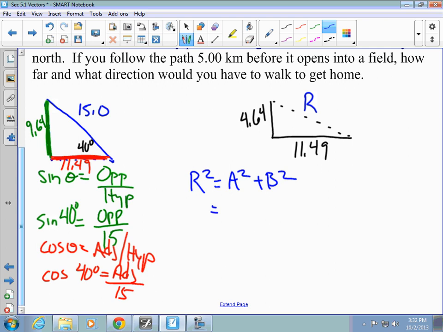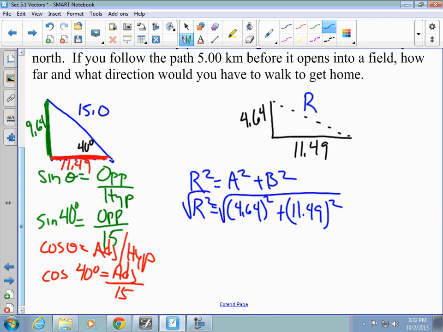That's equal to 4.64 squared plus 11.49 squared. If I take the square root of that whole value with 3 sig figs, I figure out that r ends up being 12.3 kilometers.